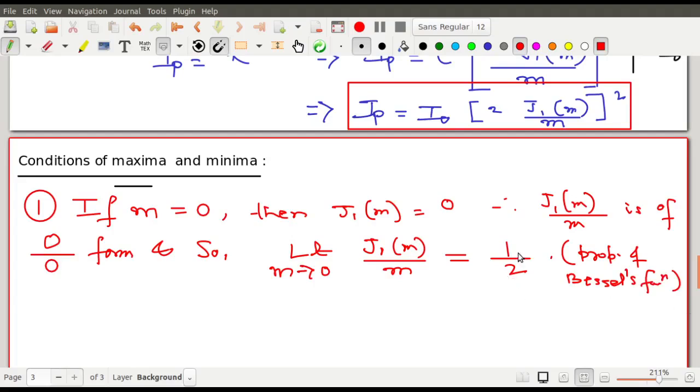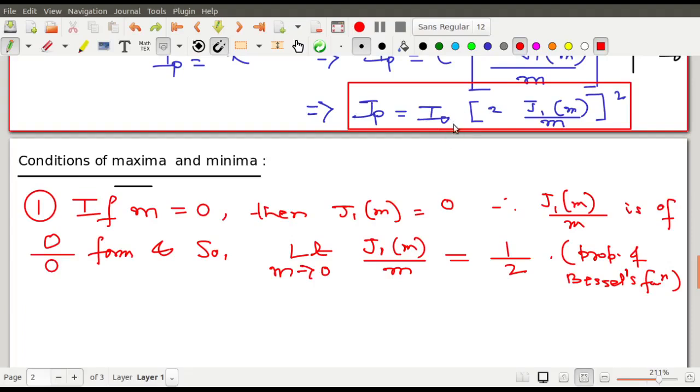Now I hope you understand why this 2 has been taken aside, such that the maximum intensity I take it to be I0. I0 is always the maximum intensity. I hope you remember that for the double slit I made some correction. It was 4I0.